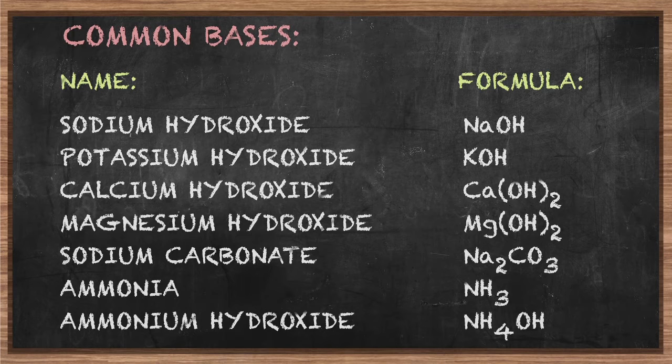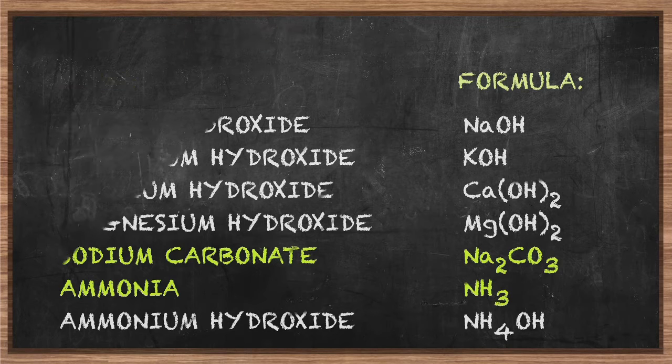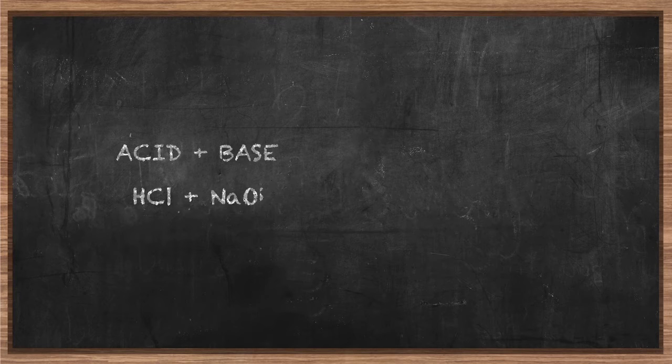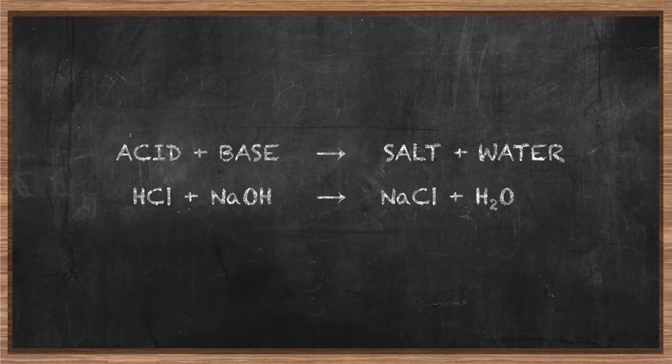It is tempting to say that all these substances have a hydroxide ion in them, but then ammonia and sodium carbonate don't fit in. Now, all we can say is that bases neutralize the effect of acids. Acids react with bases to form their salts and water.